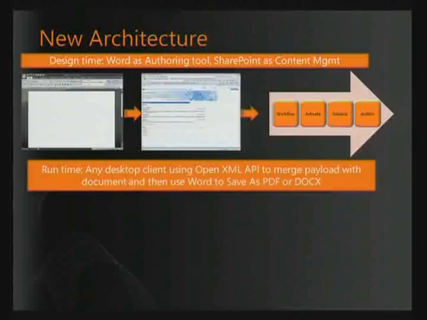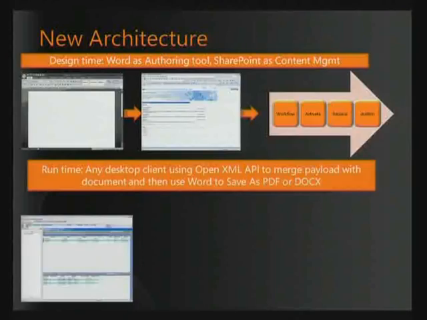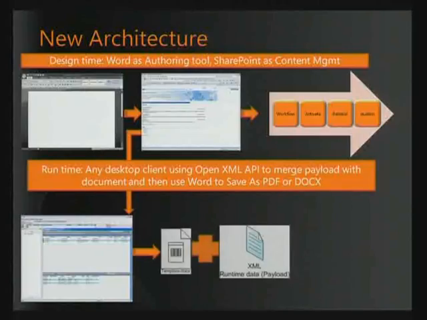At runtime, we have any client. It could be a smart client, a web service, or a web application. Any client can pull that Word interaction from SharePoint. At runtime, we have the same runtime payload, and we merge these two using the content controls.